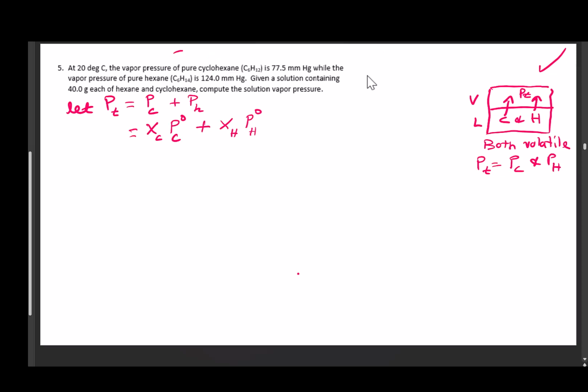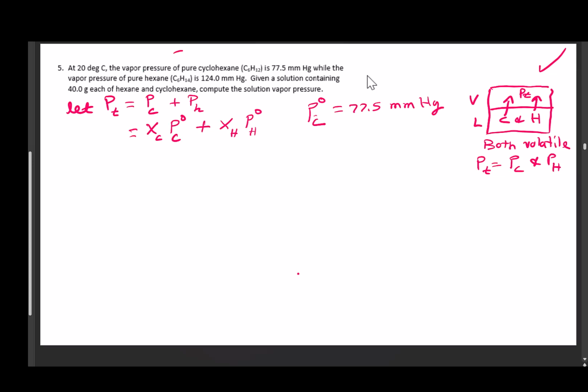It says that the vapor pressure of pure cyclohexane is 77.5 millimeters of mercury. So we could say that let P be the vapor pressure of pure cyclohexane, and that's 77.5. Tack on a unit, millimeters of mercury. That's how we translated that phrase into a variable symbol and then assigned a value to that symbol and then tacked on a unit.